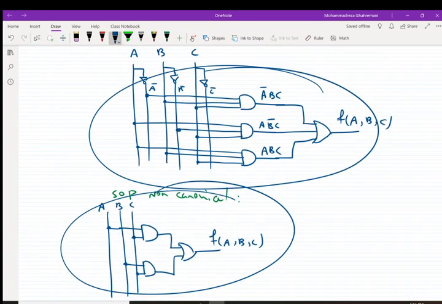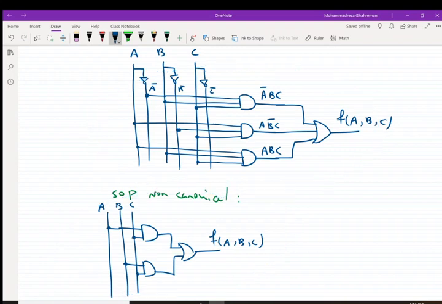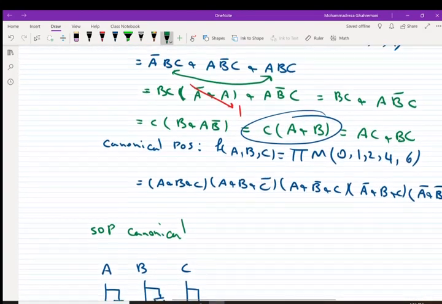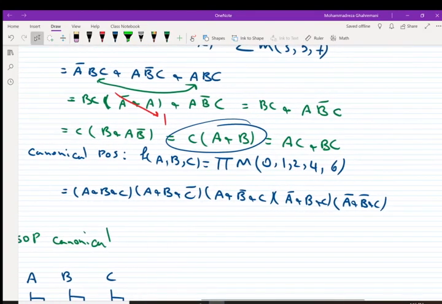So the last design is the same function in the form of product of sum. We need to build all these five terms one by one and then AND them together.